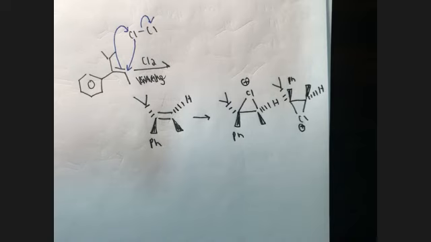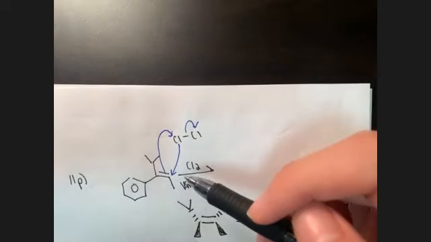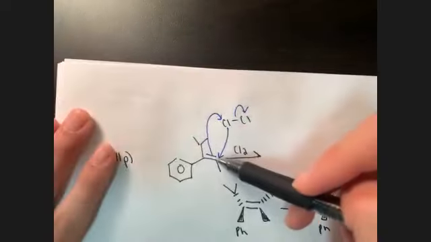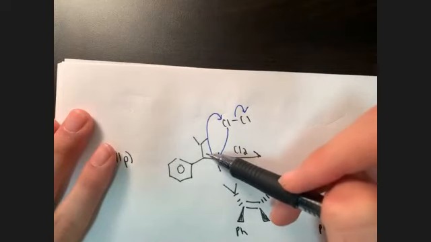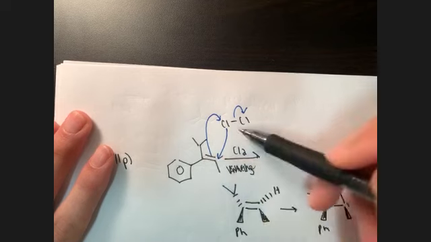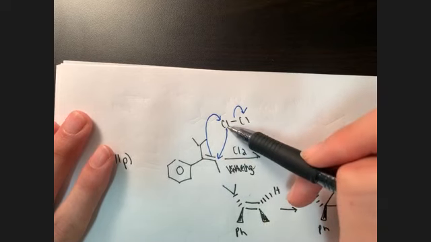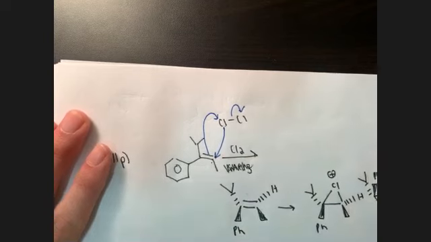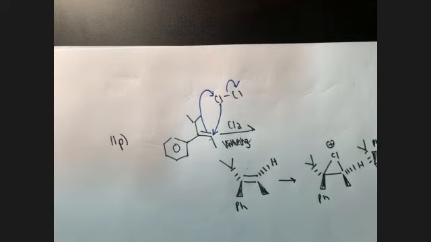Like which carbon? I guess it doesn't really matter, but what I'm saying is that these pi electrons are going to form a carbon-chlorine bond here where the isopropyl group is, and then the lone pair here is going to form another carbon-chlorine bond here. I don't know if that answers your question, Hal. Let me know if it doesn't.